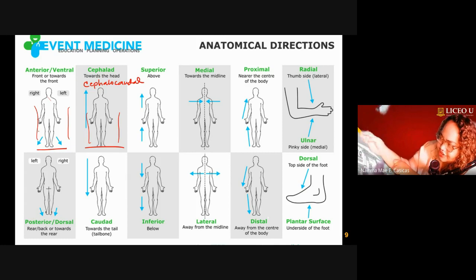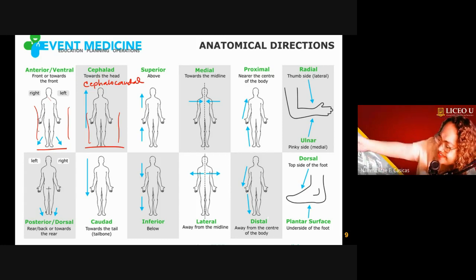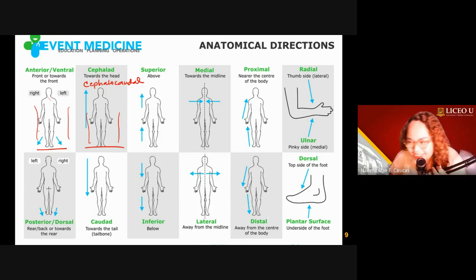So, this is the radius, sorry, not radium. And this is the ulna. Wherever your thumb is, naa diha imong radius. I'm so sorry for saying radium earlier. Nahimo siyang element, nahimo siyang chemistry.